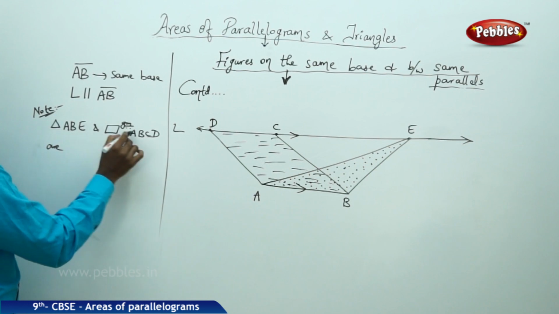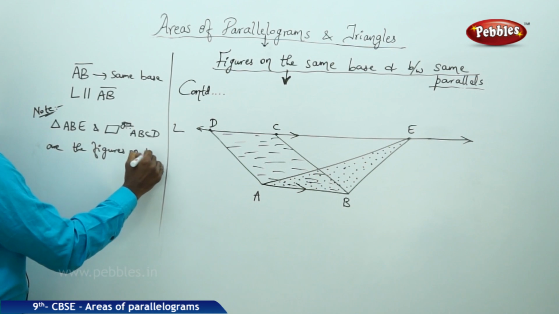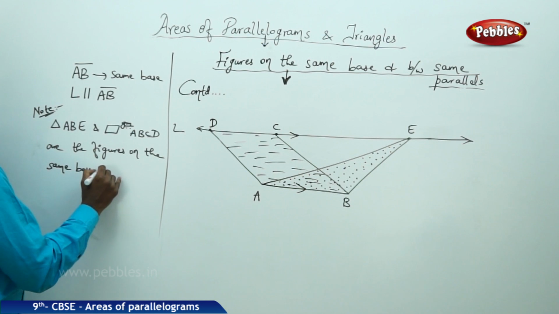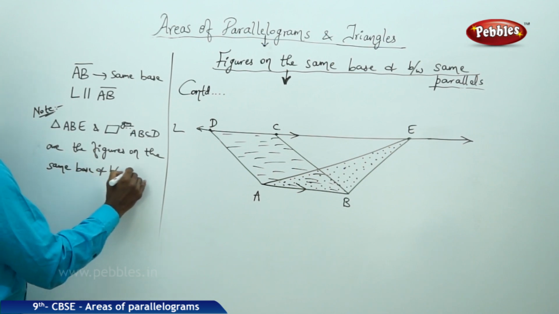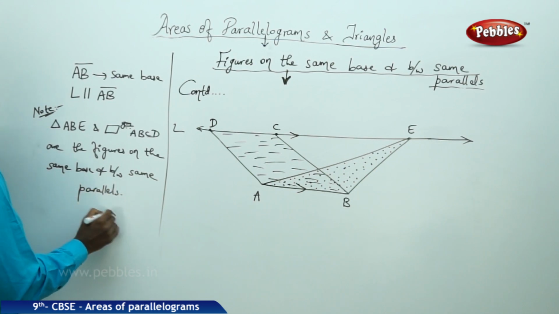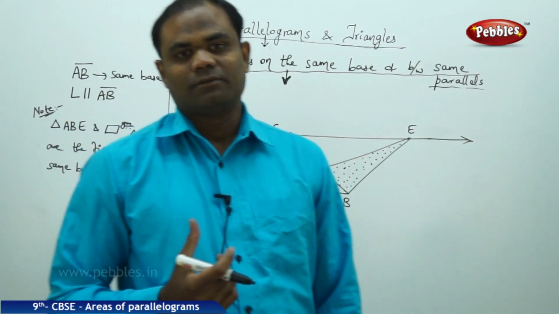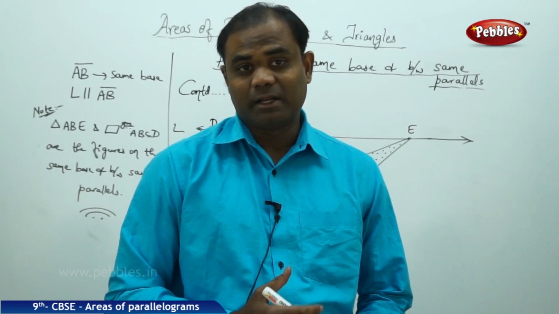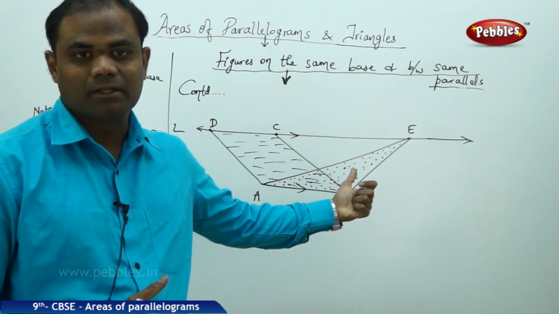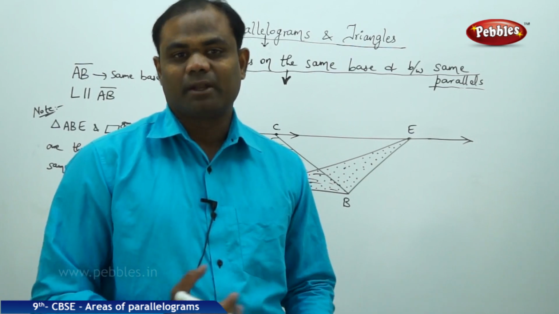So here note that this and this are the figures on the same base and between same parallels. This is how I understand the concept of two figures with the same base and between same parallels. This being one of the example cases: a triangle and a parallelogram on the same base and between same parallels.